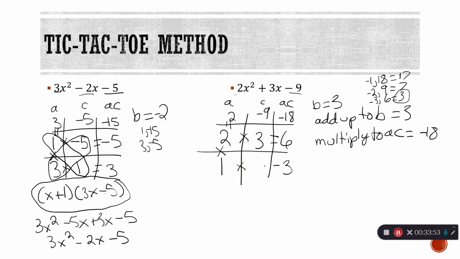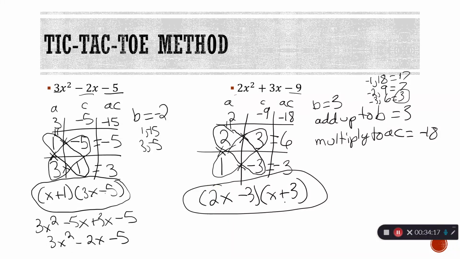And then 1 times what gets me -3? -3. So make our binomials here. This is always the x column if you haven't figured it out. 2x minus 3. And this one, 1x or x plus 3.